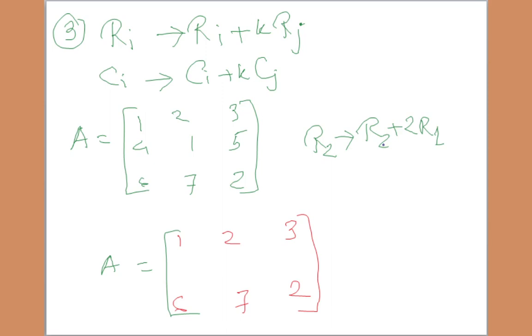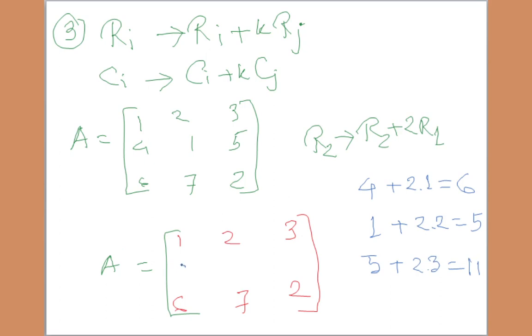R2 is 4 1 5. So 4 plus 2 into 1 is 6, 1 plus 2 into 2 is 5, and the third element is 5 plus 2 into 3, that is 6 plus 5, 11.